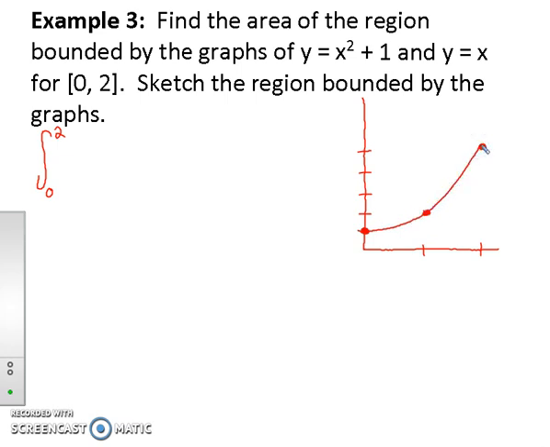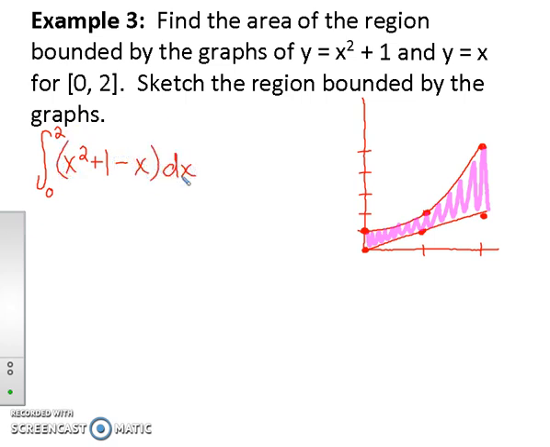And then y equals x, well, that would be a point at 0, 0, 1, 1, 2, 2. So there's my line. So the region that I'm trying to find the area of is between those two things. So that's that space right there. Now you can tell by looking at that the parabola is on top. So we're going to do the parabola minus the line.